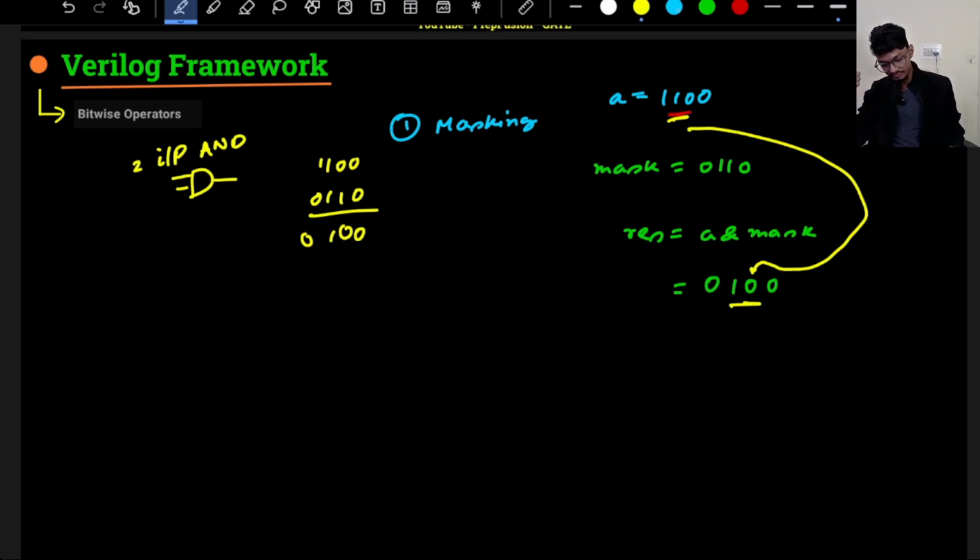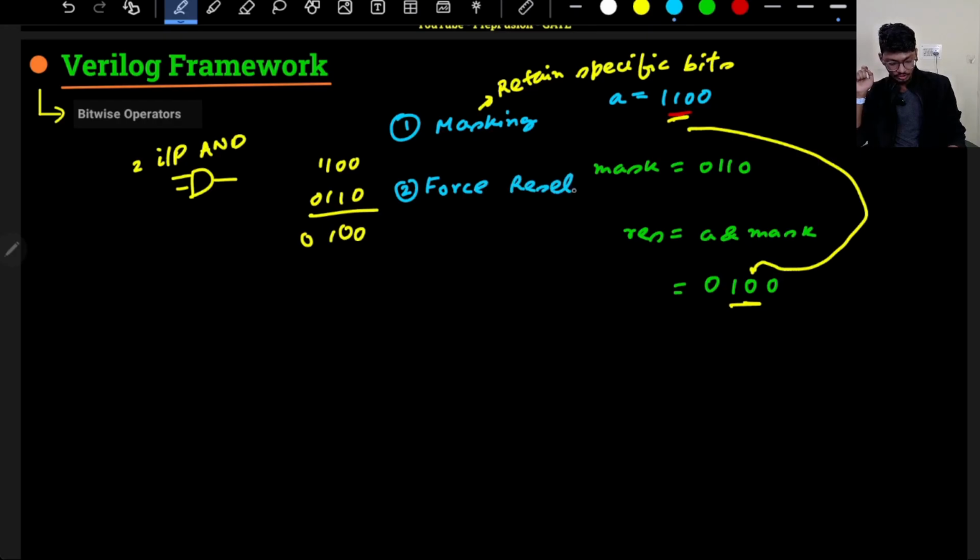Another use case for bitwise AND is force reset. Masking is basically retaining specific bits, and the next one is force reset. Let's say I want to forcefully make a few bits 0, so I will reset those bits.